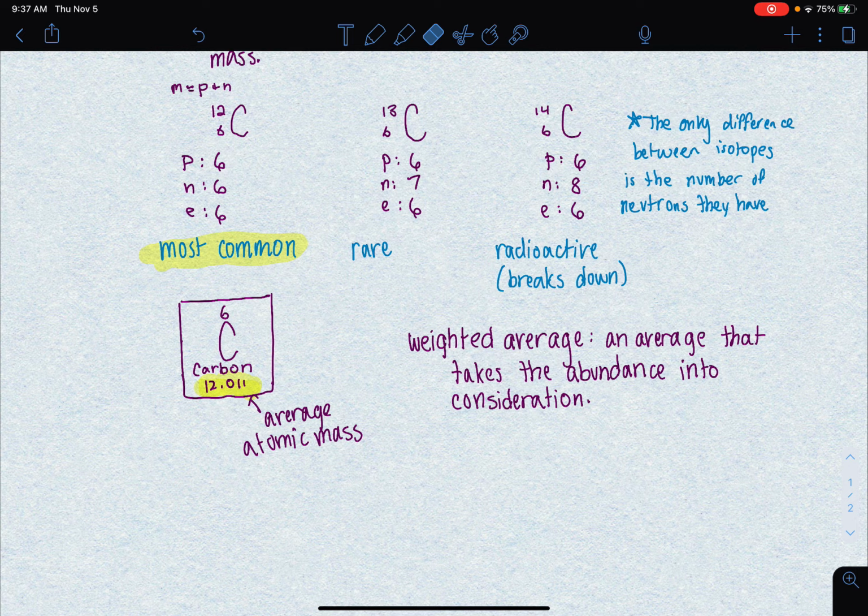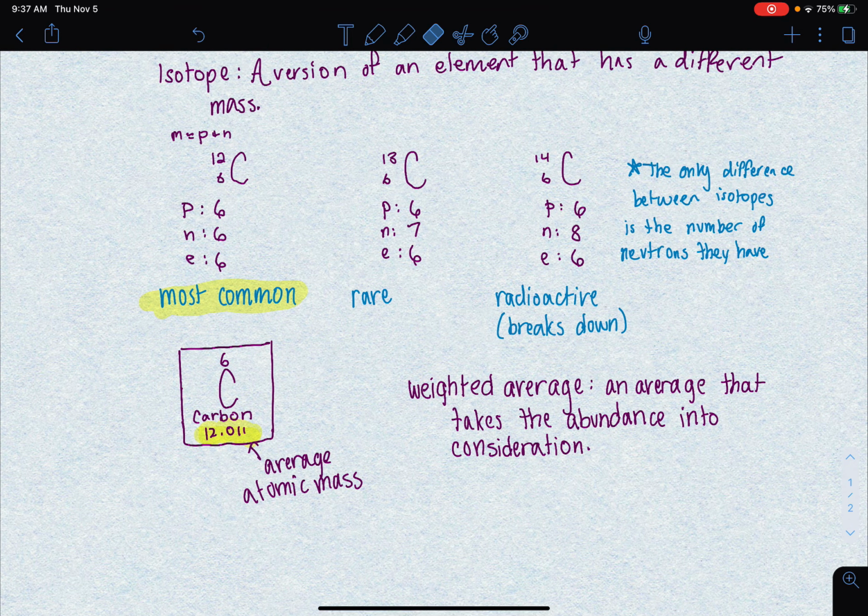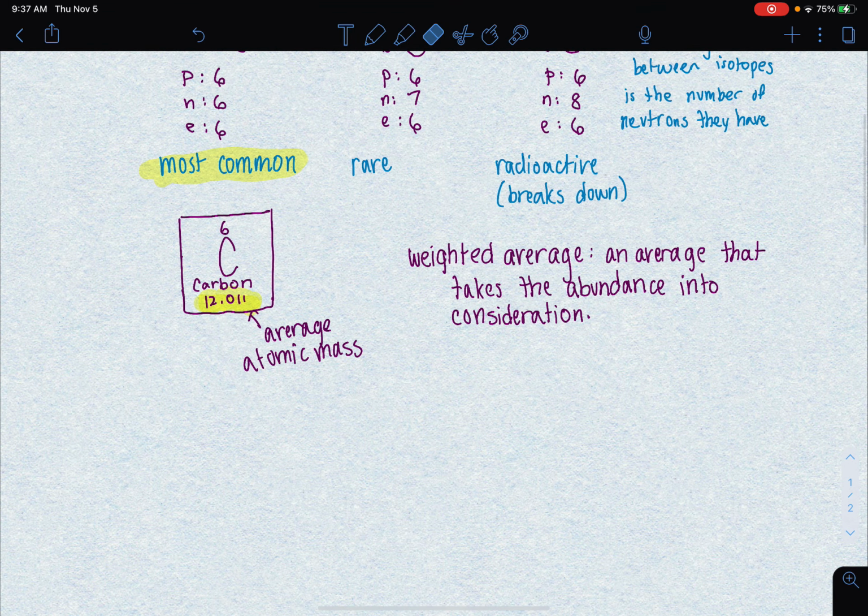Okay, so how do we calculate this? Well, in order to calculate the weighted average of a set of isotopes, you need two pieces of information. You're going to need the exact weights of the isotopes.